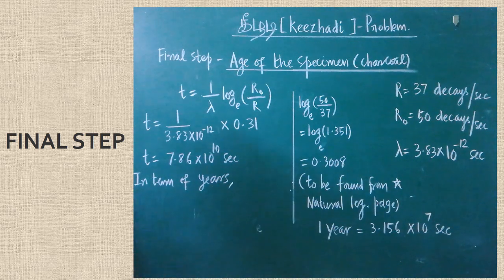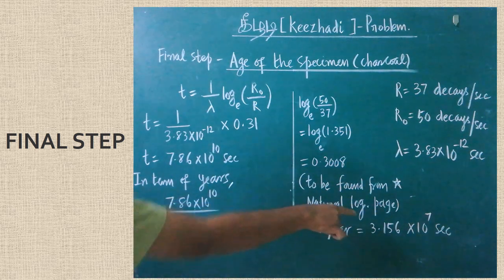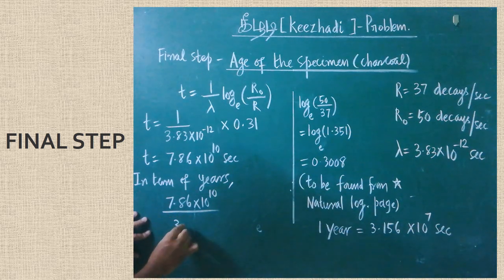How to find out the calculated value? 7.86 into 10 to the power of 10 is to be divided by this value, 3.156 into 10 to the power of 7. Are you clear? This is the substituted value.